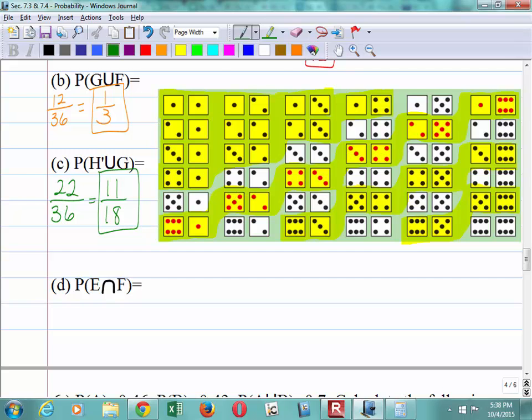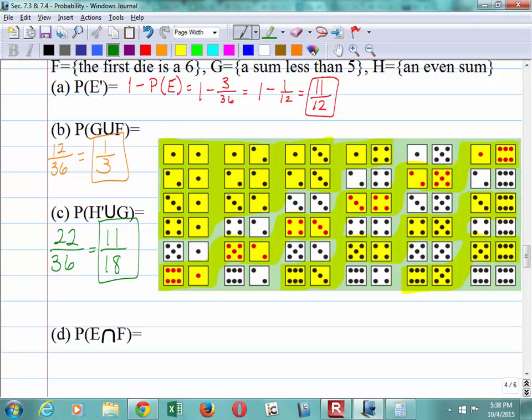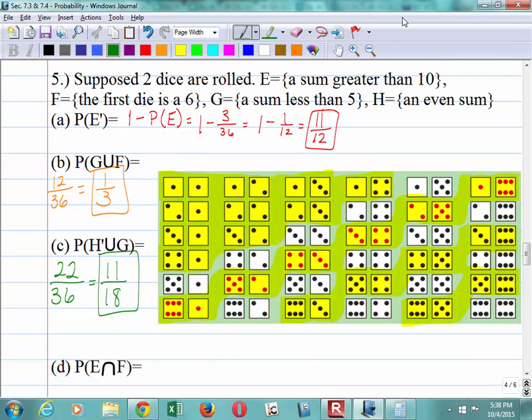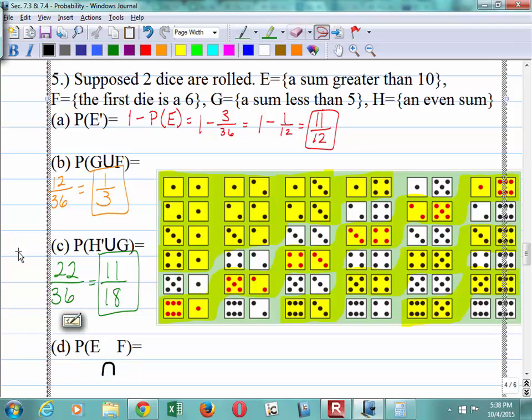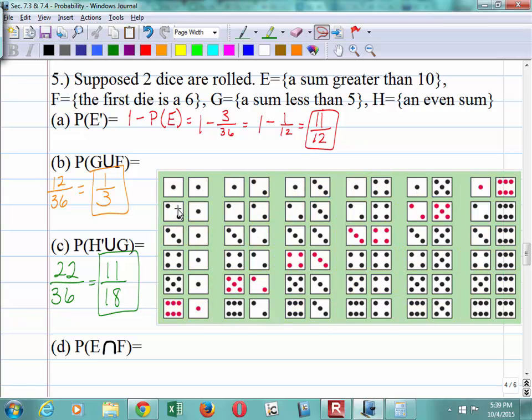And then the probability of E intersection with F. So that would be a sum greater than 10, and the first die is a 6. So a sum greater than 10 would be these 3.